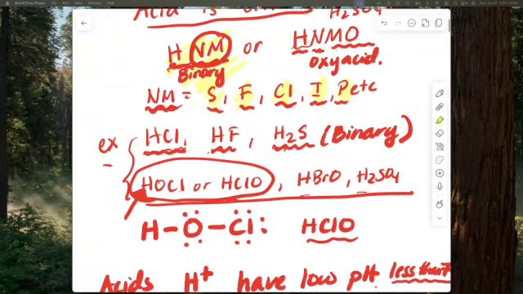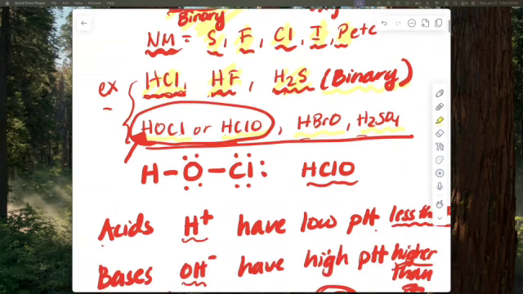Our examples here are HCl, HF, H2S. These are all examples of binary acids. And then for the oxyacids you're seeing right here, HOCl or HClO, it can be written either way, HBrO, H2SO4, right? And so this is showing you what's going on.